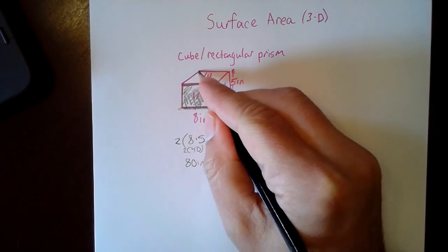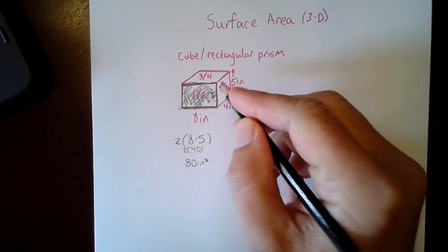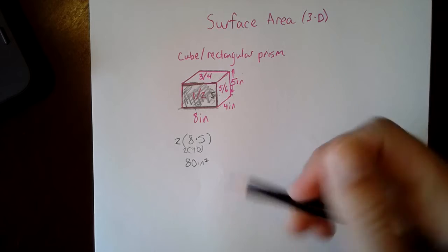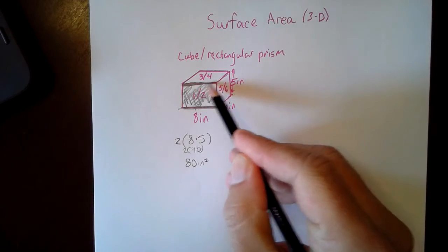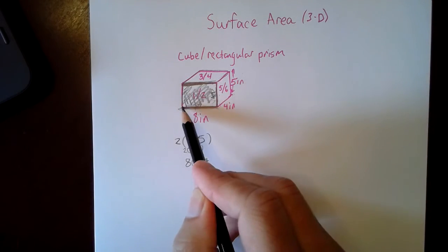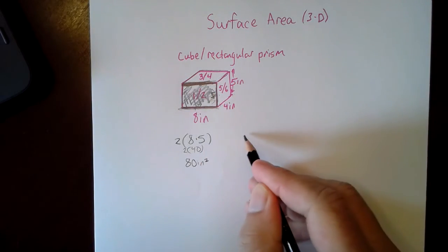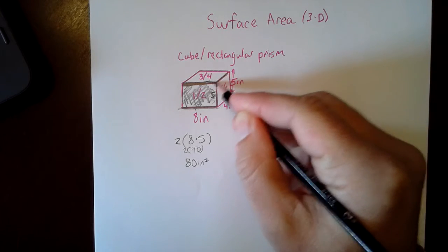I'll do the top. So now comes the top. This is also a rectangle. I know it's slanted. It doesn't look like it, but it's just my skills of drawing three-dimensional figures. So the width here again, if I look down, is 8. So this is going to be 8 times how far is this piece?